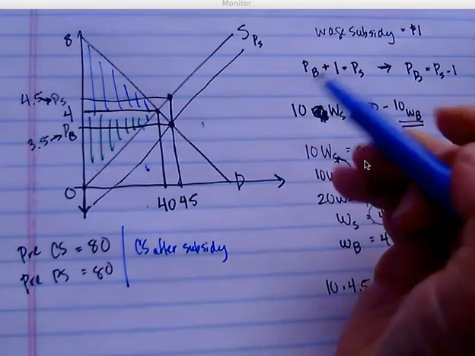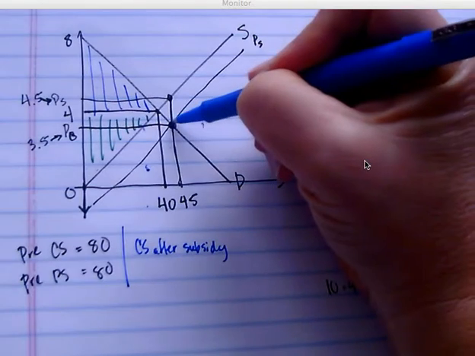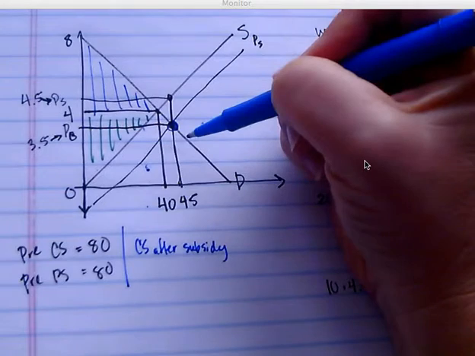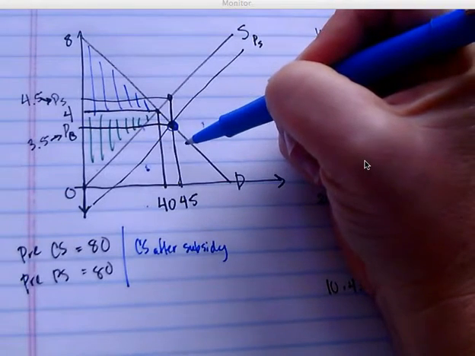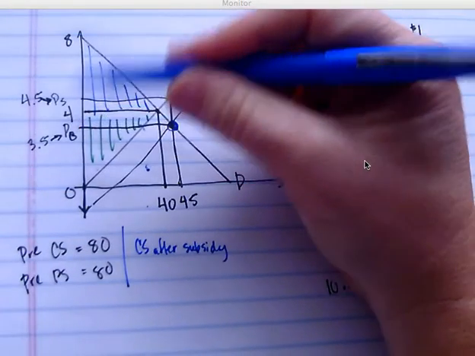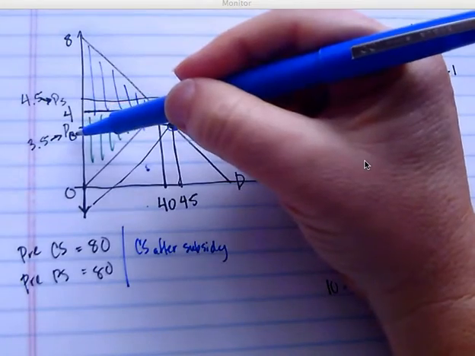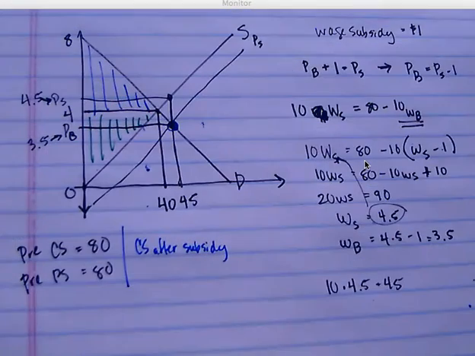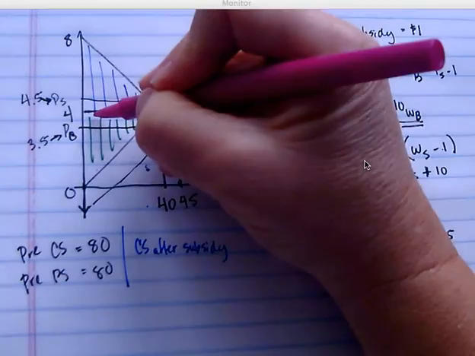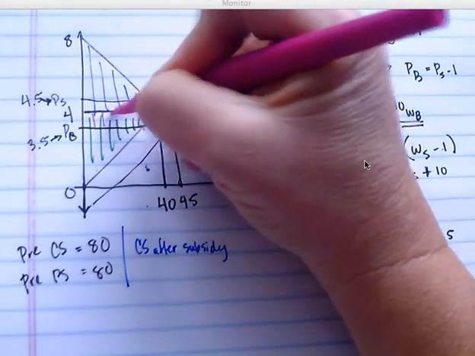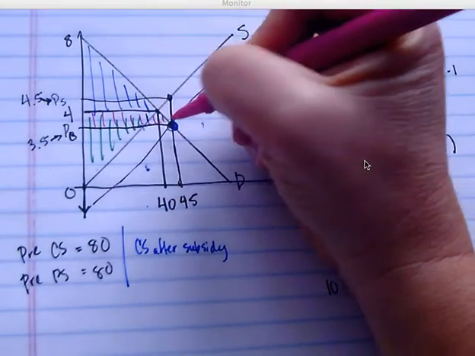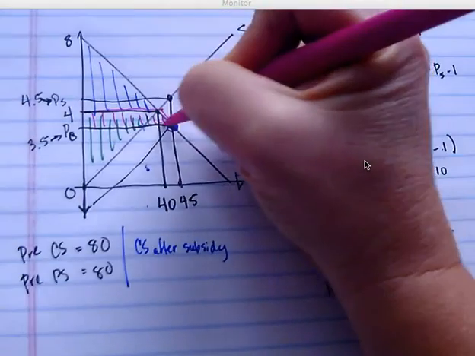Okay, so now what we have is a quantity of 45 and a price for the buyers of 3.5, right? So their consumer surplus is actually going to grow, and it's going to grow to encompass this area in here, right?